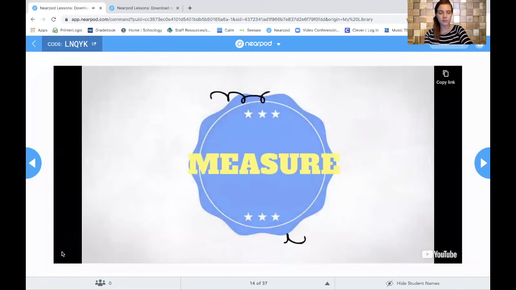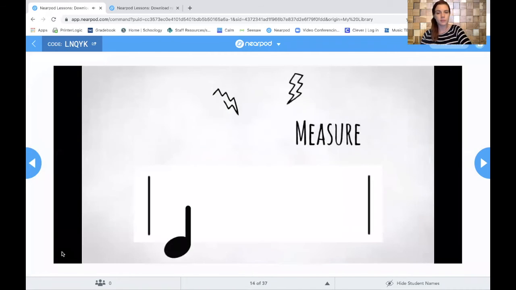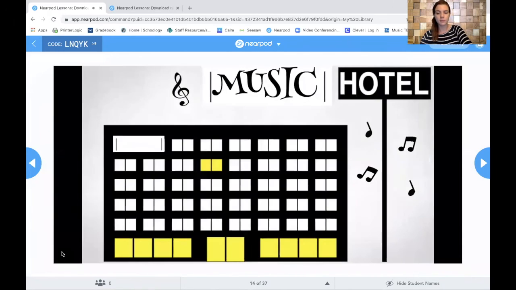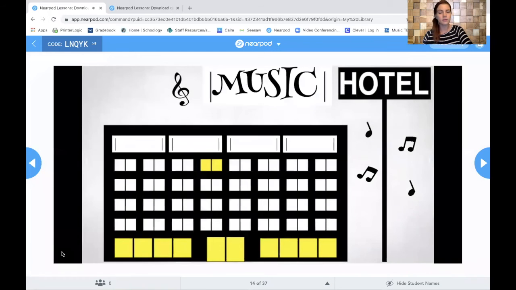The measure. When talking about the bar lines, I mentioned the word measure. When a bar line creates space for music notes, we call that a measure. The measure is just like a room in a music hotel. So we see here that there are 4 rooms or measures in the top floor of this music hotel.